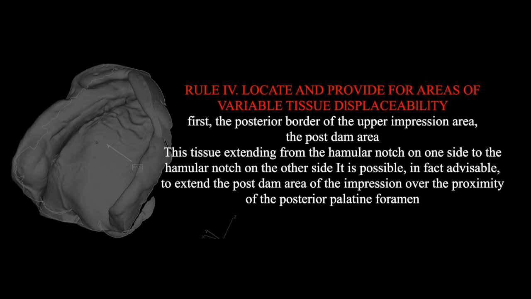It is possible, in fact advisable, to extend the posterior dam area of the impression over the proximity of the posterior palatine foramens. So there are two palatine foveae located on the back of the palate, and your impression should always include these palatine foveae and extend further.